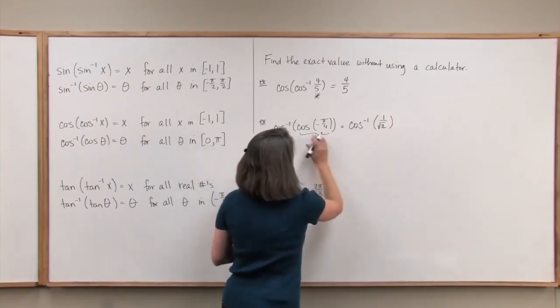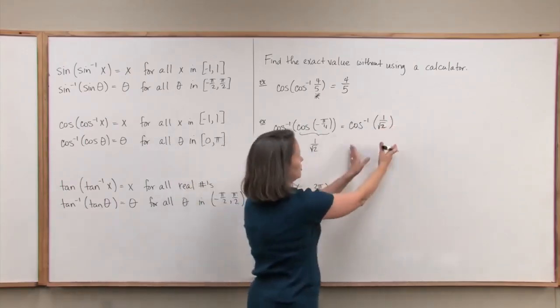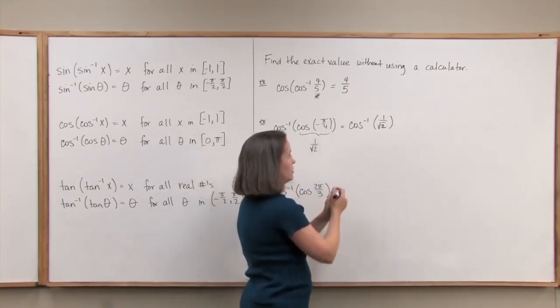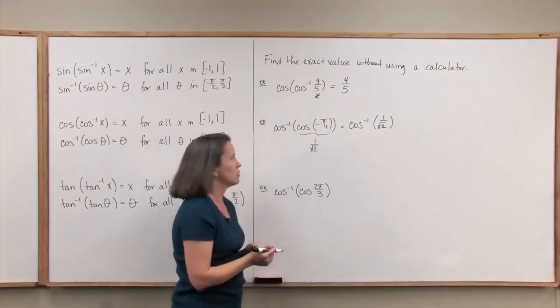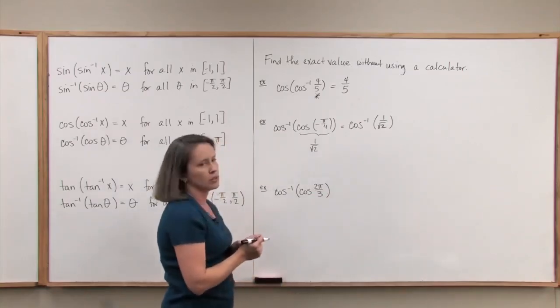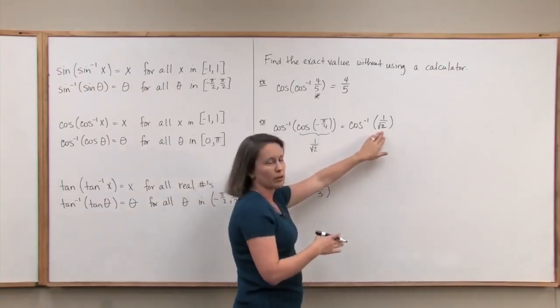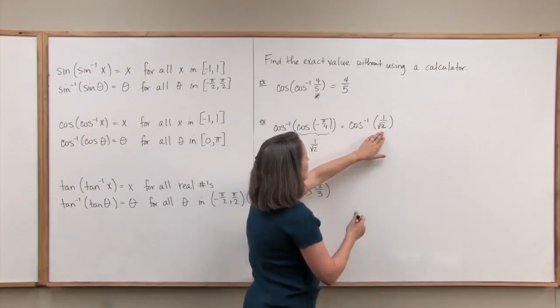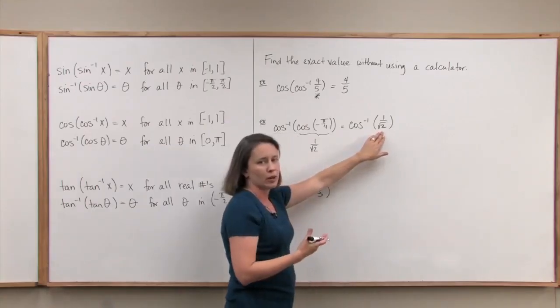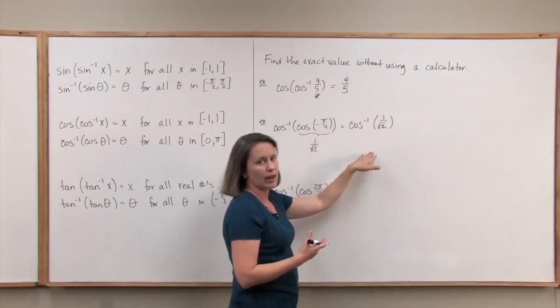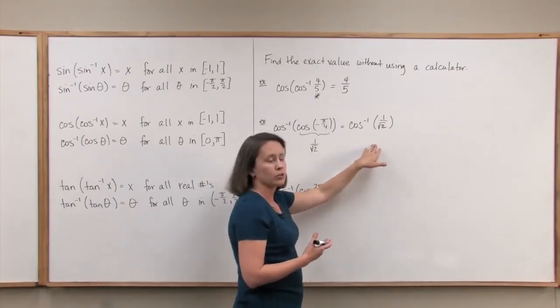By evaluating the inside part, we've now reduced this to a different kind of problem, and we know how to solve this as well. The inverse cosine of 1 over the square root of 2. Okay, this is a positive number between 0 and 1. So in what quadrant will the terminal side of this angle lie? Right, quadrant 1.